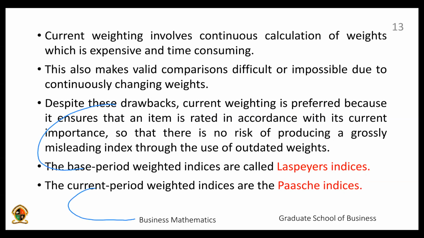Then the current period weights you can relate to nominal GDP, where we are multiplying the quantities and the prices of the goods and the services using the prices and the quantities of this year. So if you want to get the nominal GDP for 2022, we'll be seeking to find the quantities and the prices for 2022. Did you get that?